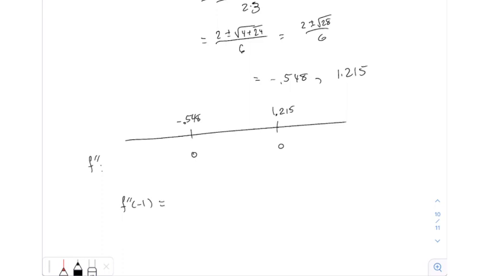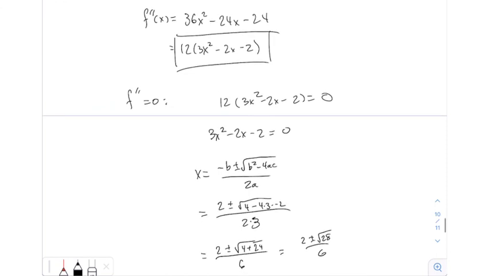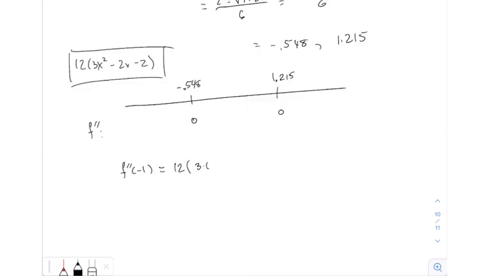And I'm plugging into the second derivative, which is, here, scroll up here, that thing in the box here, right? This is what I'm plugging into. So I get 12 times 3 times -1 squared minus 2 times -1 minus 2. Unfortunately, I can't do my normal trick about negative times a negative times a negative, because inside the parentheses those are actually added up.